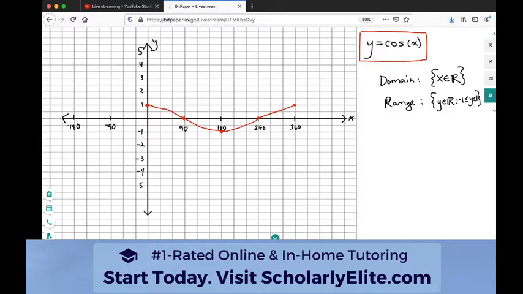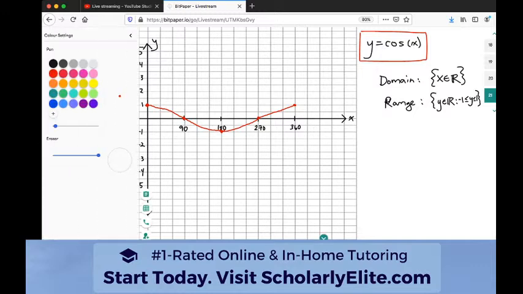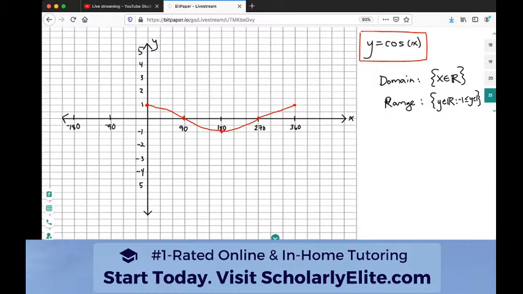Okay, so you guys, let us go ahead and do some transformations to this cosine function. Let's try something new. Instead of having a whole number in the front, let's do a half: 1/2 of cosine x.